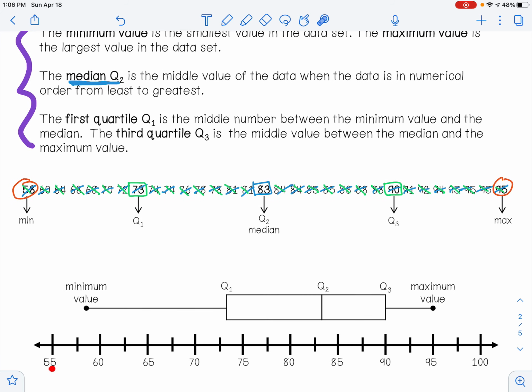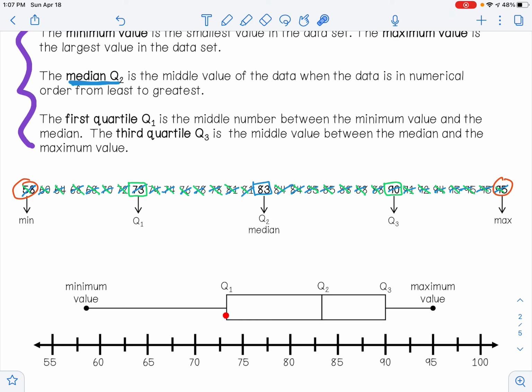Your box plot is always on a number line, and you always want your number line to have a consistent scale. On this number line, we started at 55, and we went up by 5s until we got to 100. Here, the minimum value is 58, which we found up here.